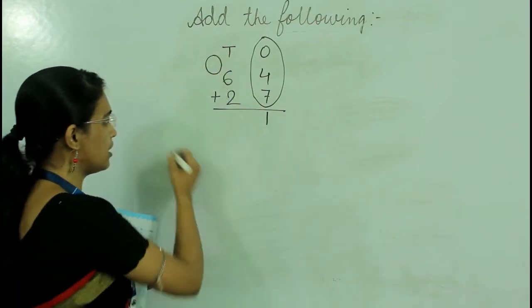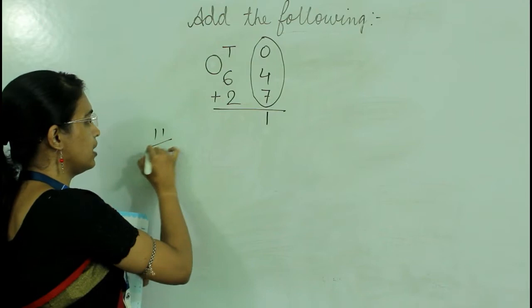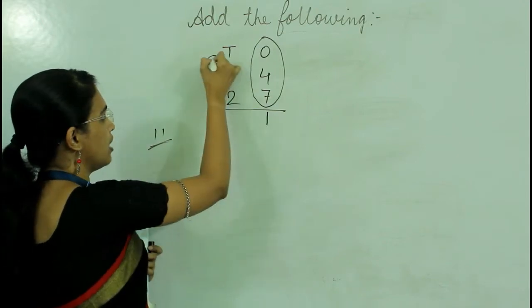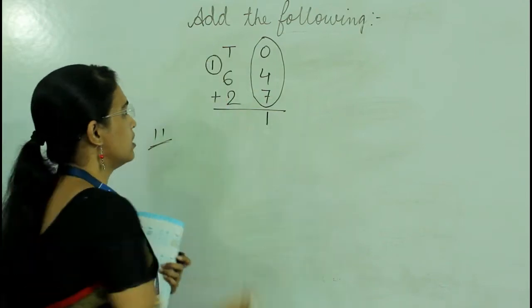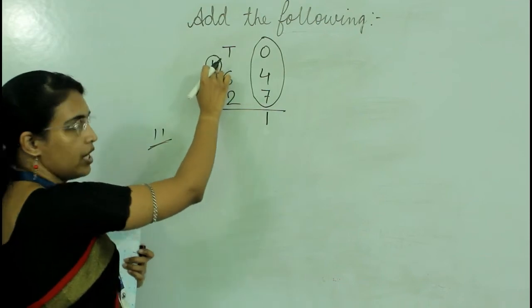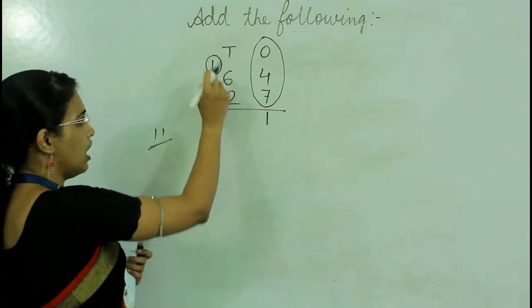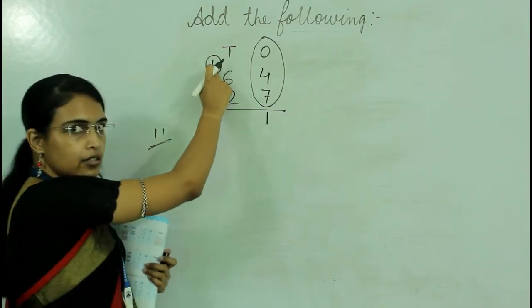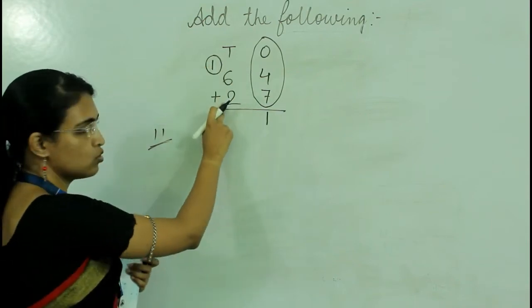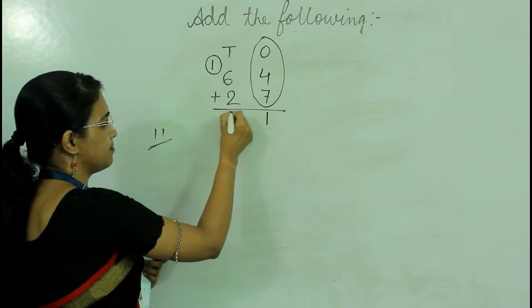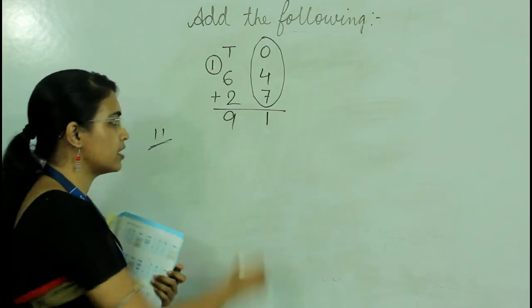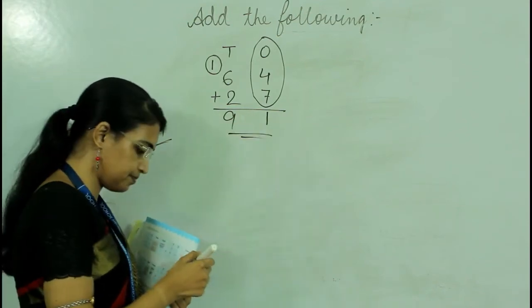So we got the answer 11. So from 11 I have written 1 here and I will write another 1 here. Now 6 plus 1. Now we are doing addition, so that's why we are adding this. 6 plus 1, 7. 7 plus 2, 9. So the answer is 91.